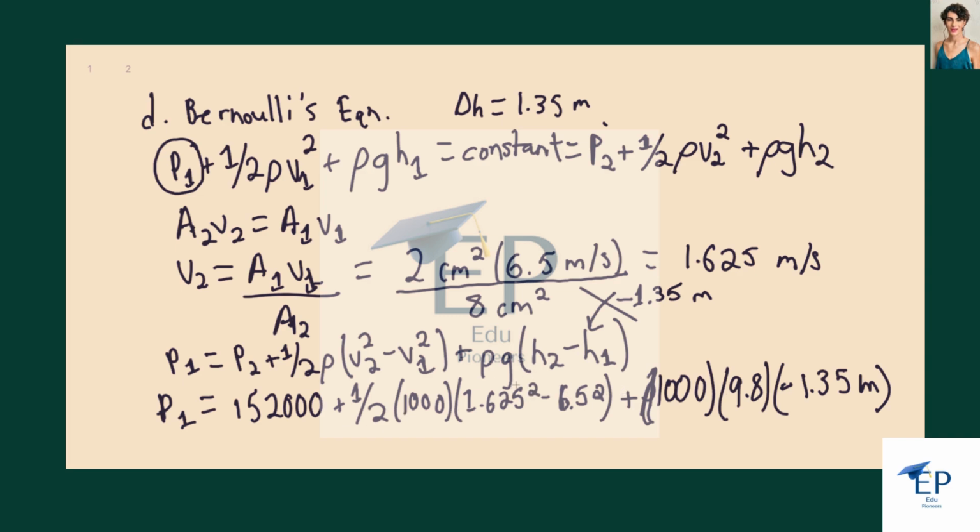And again, you see that this term right here is going to be negative. This term right here is going to be negative. So the pressure in the first section should be less than the pressure in the second section. And solving this out, we find that the pressure in the first section is going to be 118,965.3125 pascals.